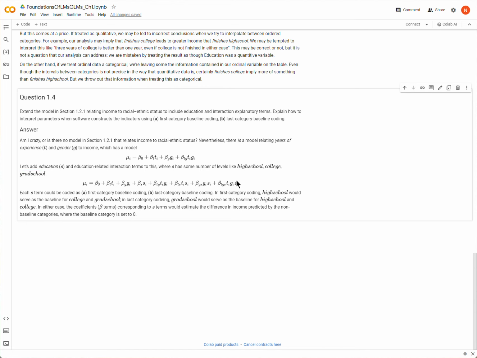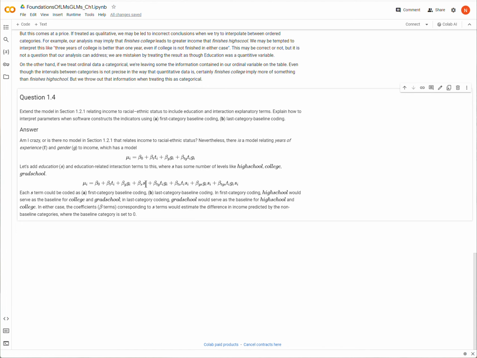Now, in either case, what does it mean to set it to baseline? So we have this model here, and it's trying to predict income. And so let's say that high school is serving as the baseline category.